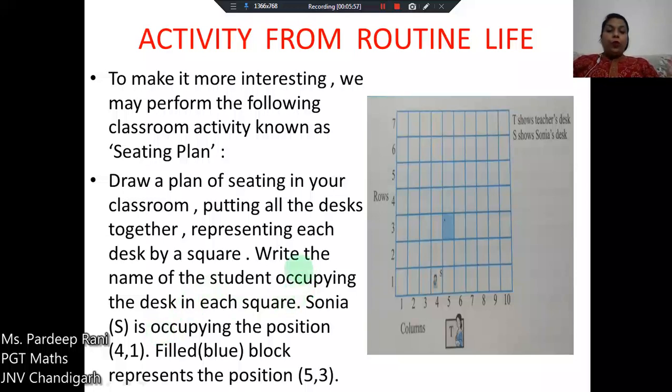Then you have to write the name of the student occupying the desk in each square. For example, Sonia, who is represented here by point S, is occupying the position 4, 1, and this blue colored filled block is representing the position 5, 3.